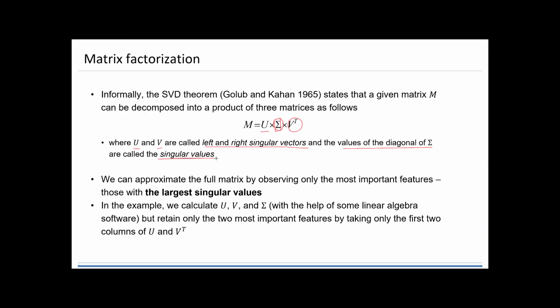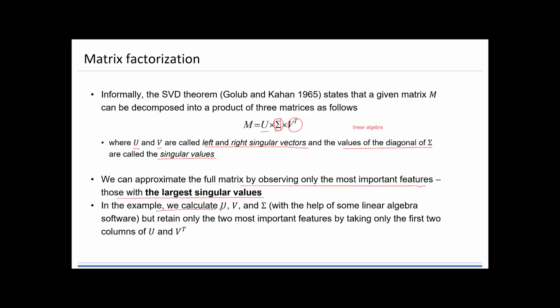This is from linear algebra; if you learn linear algebra, you can get this idea. We can approximate the full matrix by observing only the most important features, which are the largest singular values.